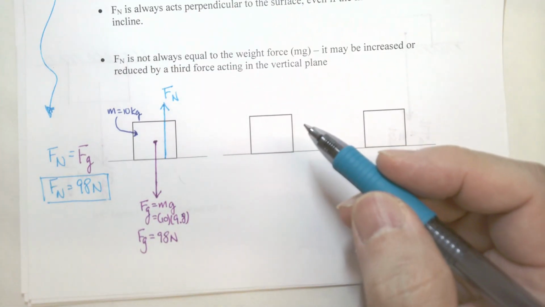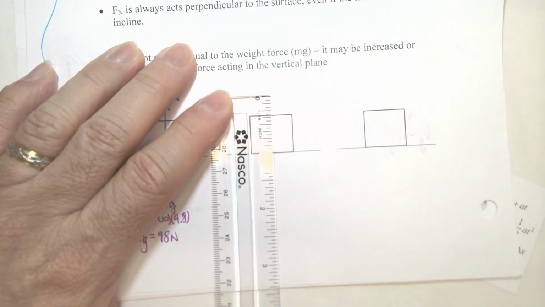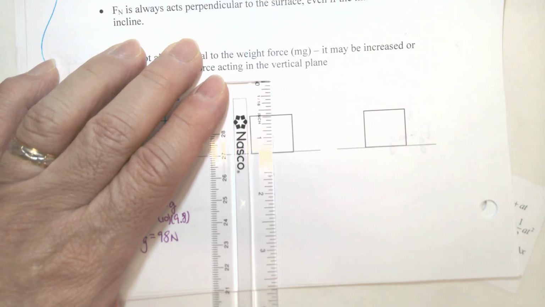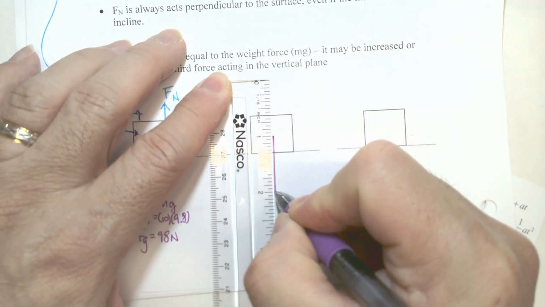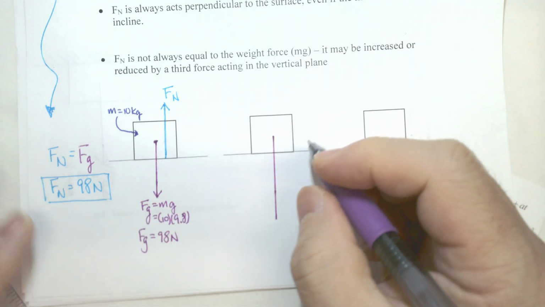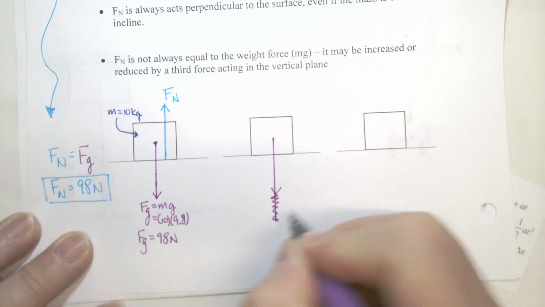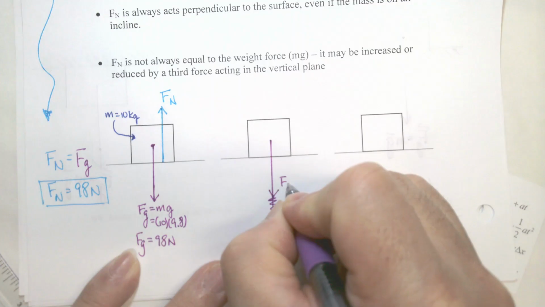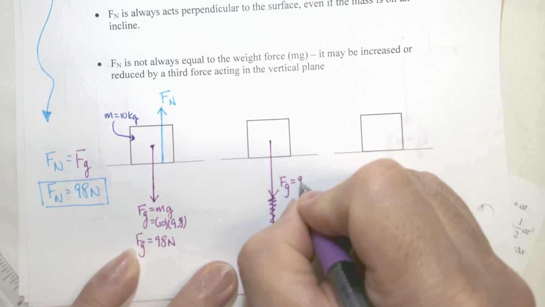What if I have an extra force acting on this object vertically? So for example, here I have Fg again, acting straight down. Oops, I made it a little too long. Sorry. So I'm going to make this Fg. And we already know what that Fg is: 98 newtons.